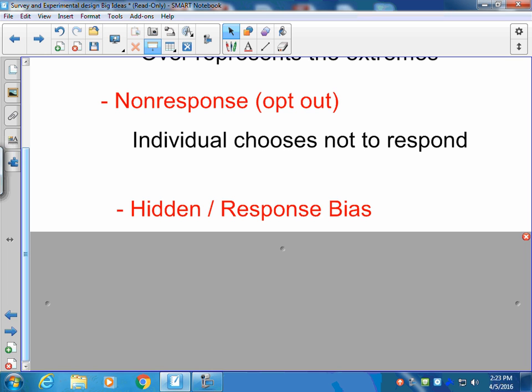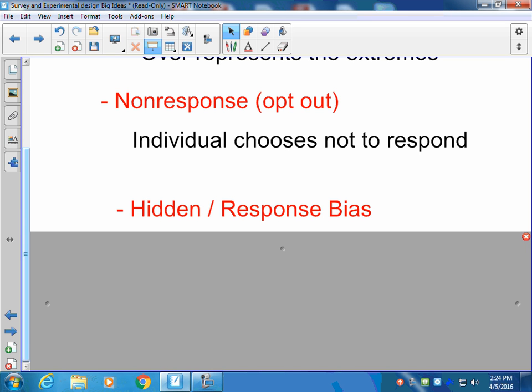Okay, we've got hidden and response bias. Okay, these are both with respect to either the experiment or the survey. The hidden bias is on the experimenter side. It's most often the wording of the question. You know, a leading wording of a question would be a hidden bias.